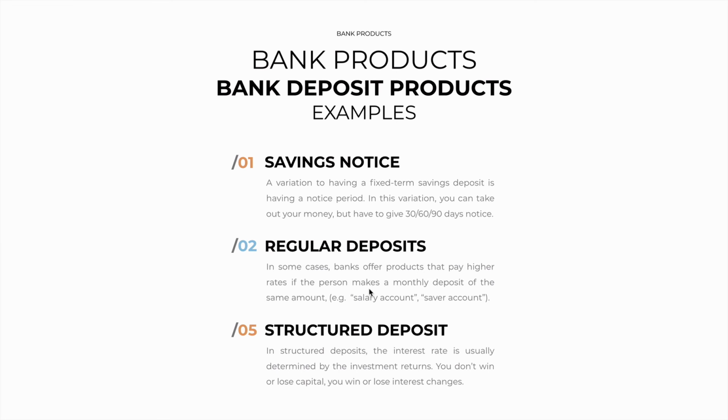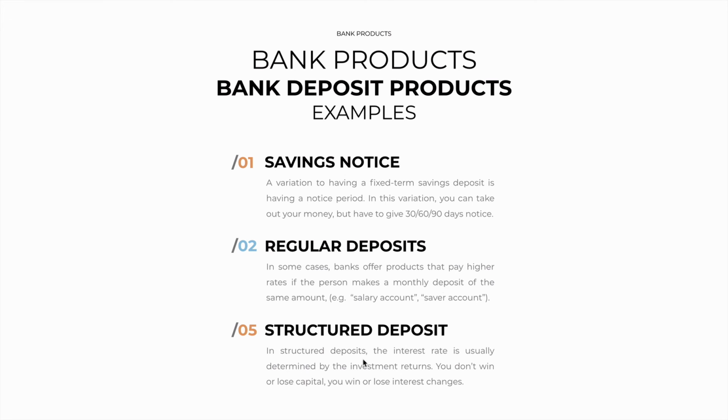For example, if the person makes a monthly deposit of the same amount, known as a salary account or a saver account, because this creates a steady cash flow in terms of the account and it's considered more stable. In that example, again, if you have $10,000, the chances that you'll go below 7 or 8,000 will be much lesser if you're putting in your salary every month. It may even grow over time. Hopefully for the person, it should.